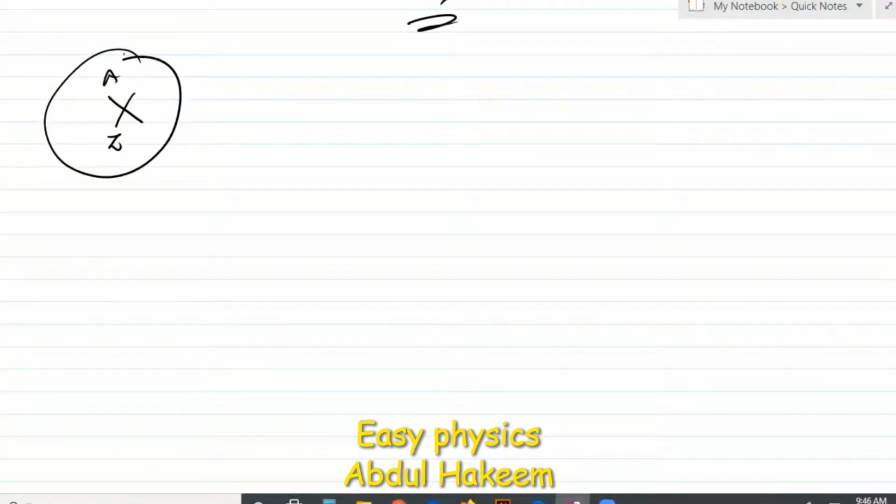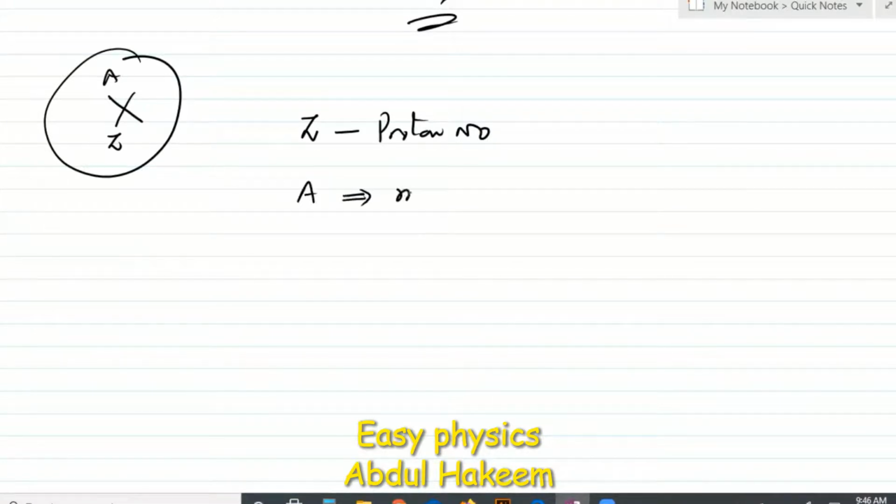Okay, now suppose we have this atom or the nucleus. This Z is representing the proton number in the nucleus, and A is representing the mass number, meaning the number of protons plus the number of neutrons.